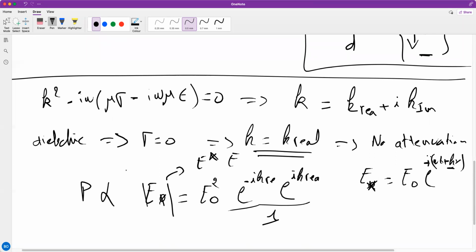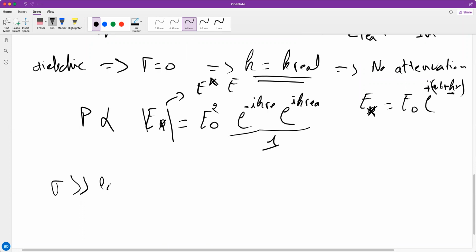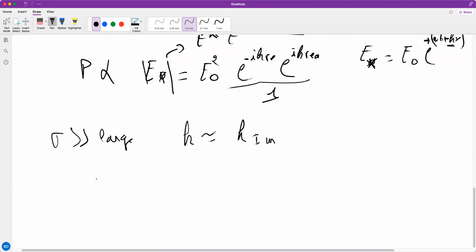So now, of course, if sigma is large, then k is imaginary, and then we have the skin depth, which involves omega mu sigma.